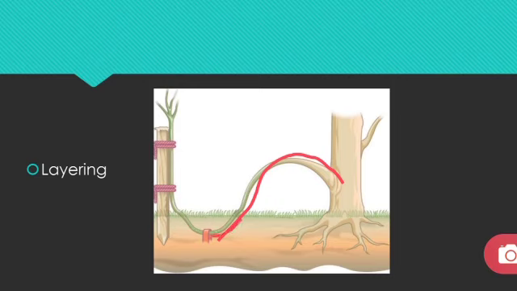Now when the part gets favorable conditions, from the nodes of the plant, from where the leaves arise, the roots will start arising, giving out a new shoot as well. So this is a layering process which can take place naturally and which can be performed artificially as well.